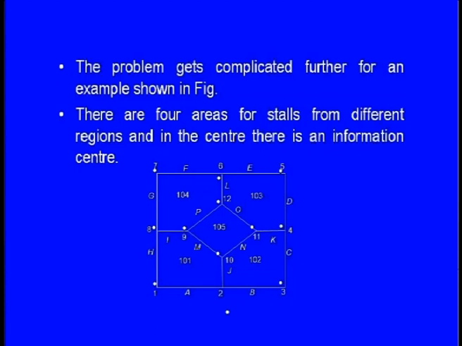So, there would be different regions indicating different stalls which have been occupied by different users, and in the center there is an information center. So, that people can go there, collect information regarding where the stalls are and proceed ahead.